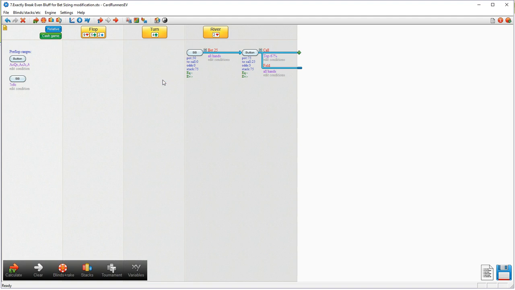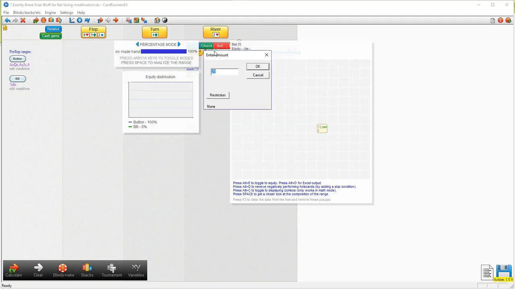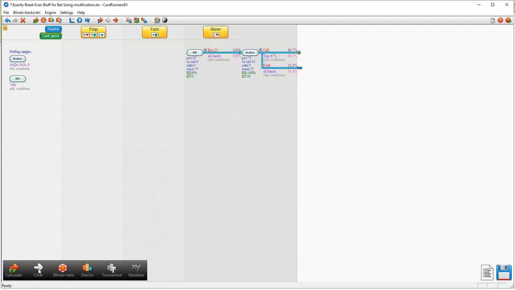So what we're going to do now is experiment with bet sizing. This is something you can do yourself if you have CardRunners EV. You can load that very simple break-even bluff. We're betting half pot here, our opponent's defending exactly 67%, and our expectation is going to be 0. But let's say that we find, for example, that our opponent is still going to fold at exactly the same frequency if we make a smaller sizing.